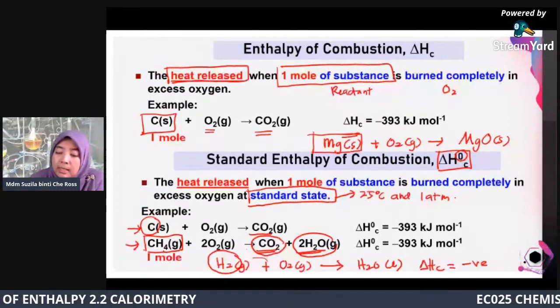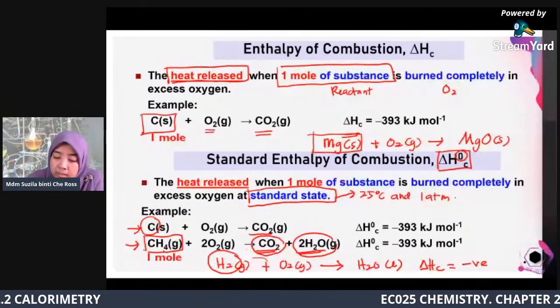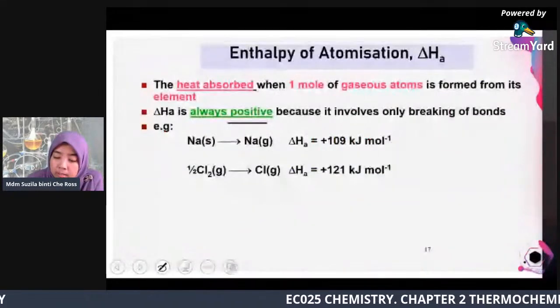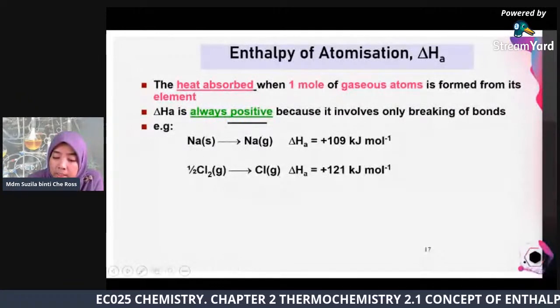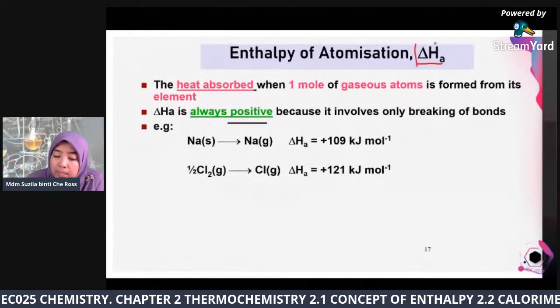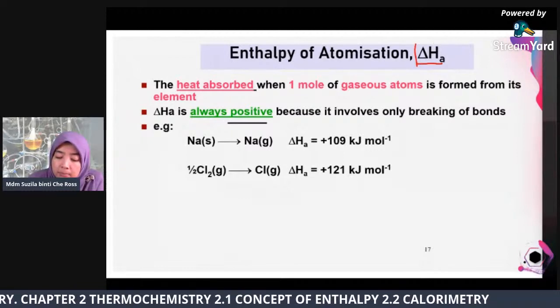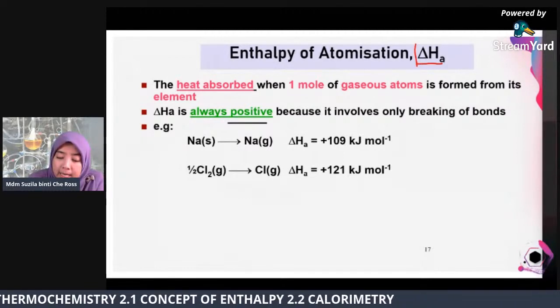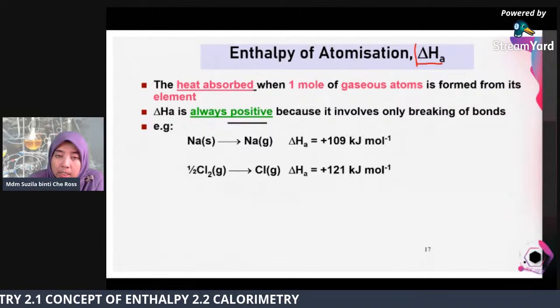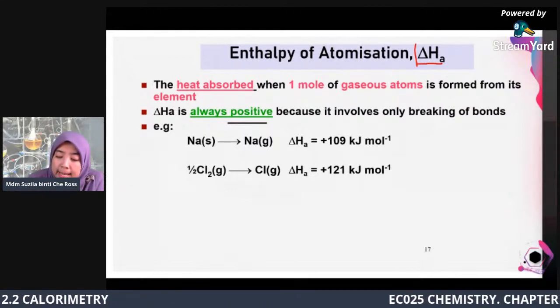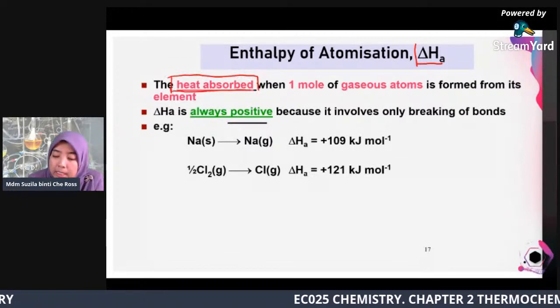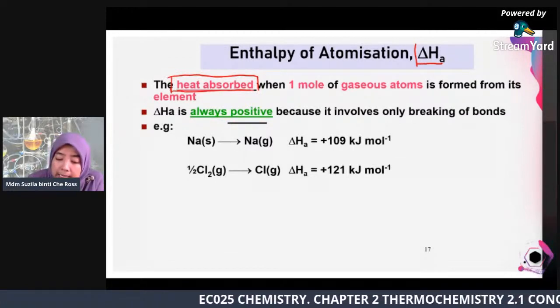And then enthalpy of atomization. The enthalpy of atomization symbol is delta H A. So what is enthalpy of atomization? It means heat absorbed when 1 mole gaseous atom is formed from its element.